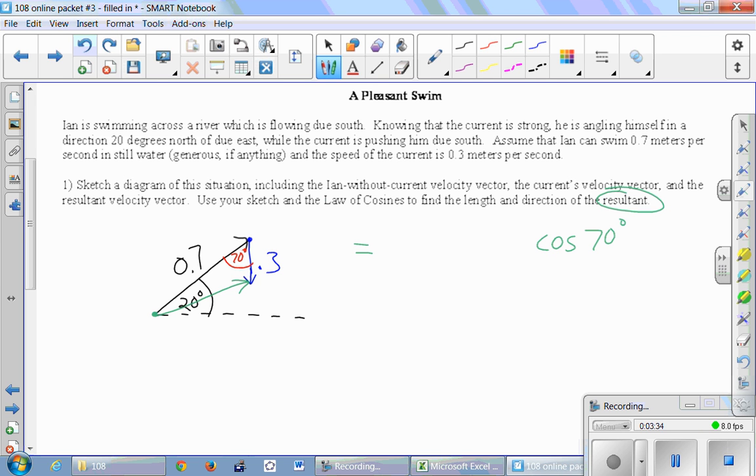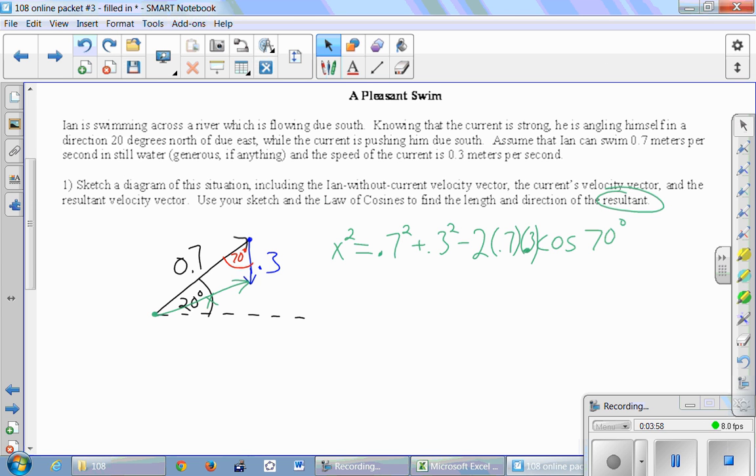I don't know what to put on the left, but on the right-hand side, it goes 0.7 squared plus 0.3 squared minus 2 times 0.7 times 0.3 times the cosine of 70 degrees. And it's equal to something squared. So how about we call x the length of that resultant vector? That makes this x squared.